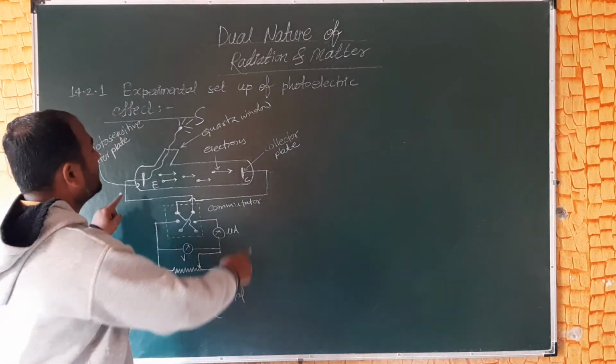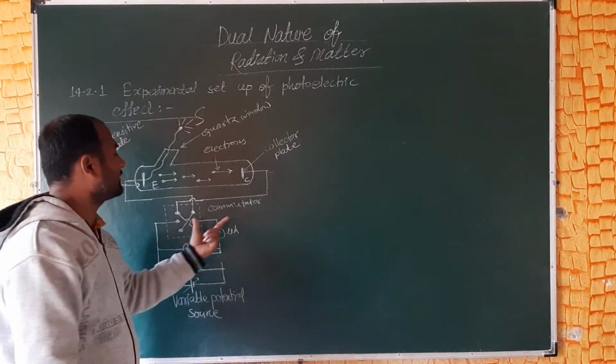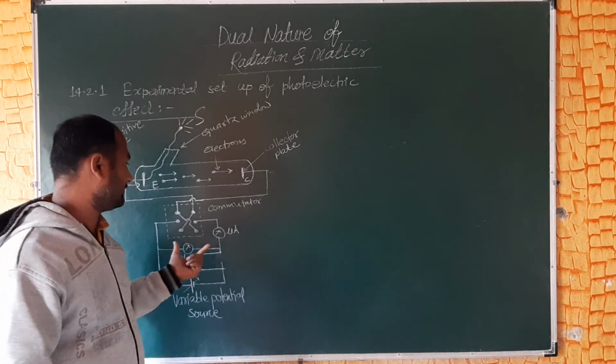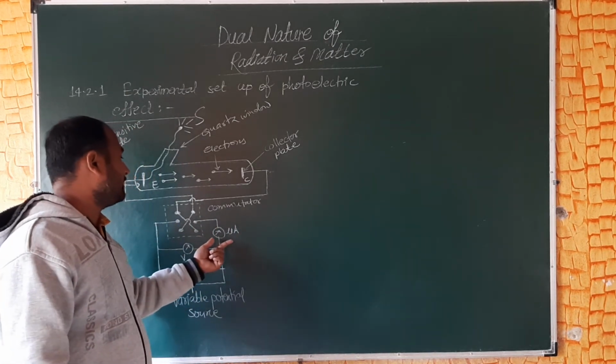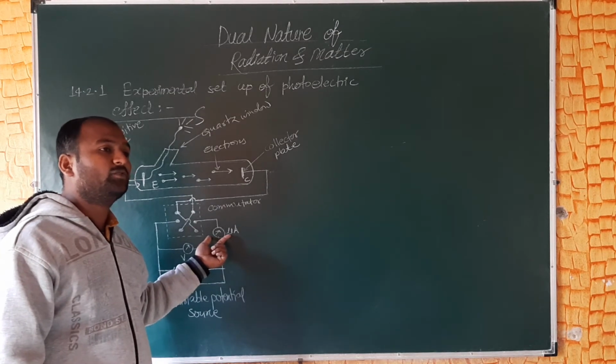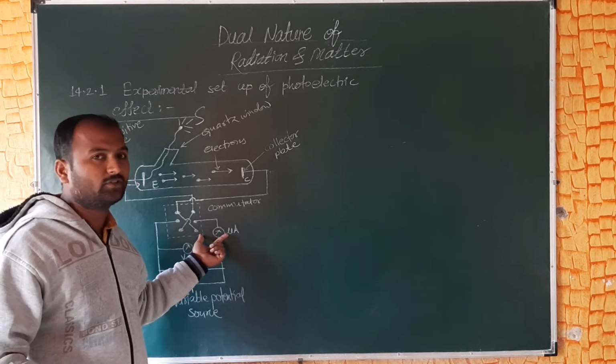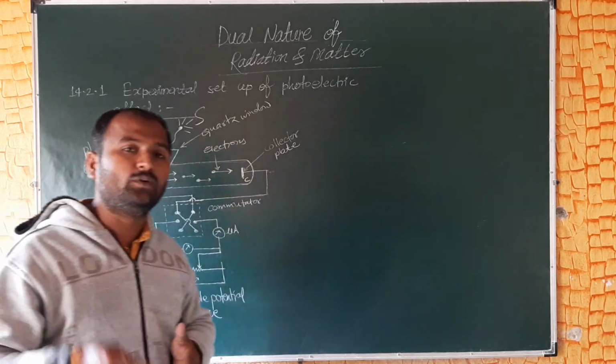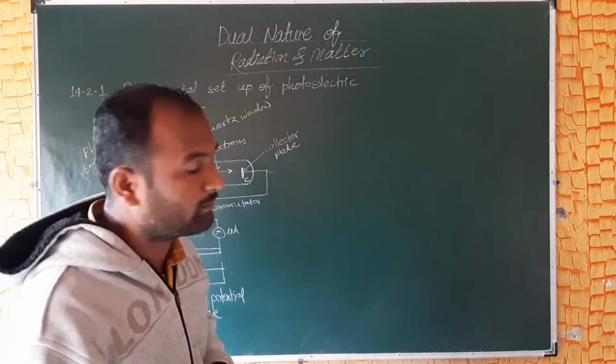The two ends of the plates are connected to the commutator, that is, the variable potential source. Here a microammeter is connected to measure the current flowing through the circuit. A voltmeter is used to measure the voltage between the two plates.